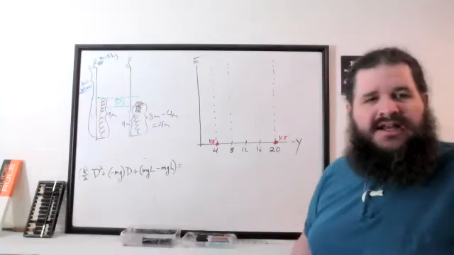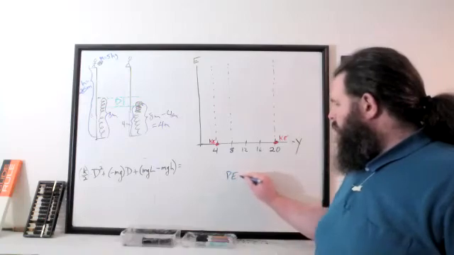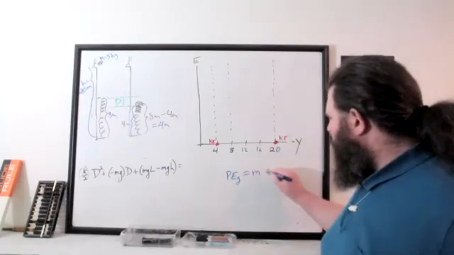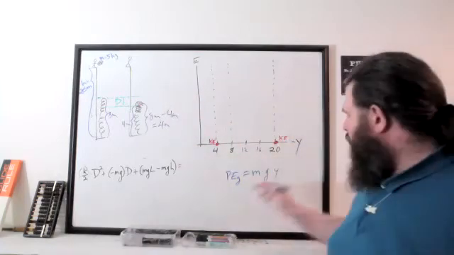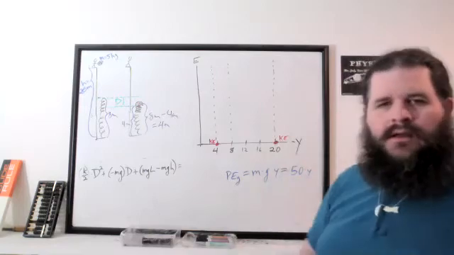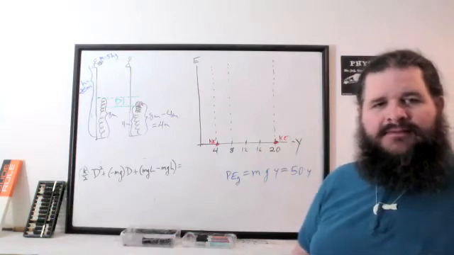Gravitational potential energy, what's our usual formula for that? Yeah, mgy. And we know mg, 5 times 10 is 50. So this is really just 50 times y. And what would that look like as a graph if you just graph E equals 50 times y?